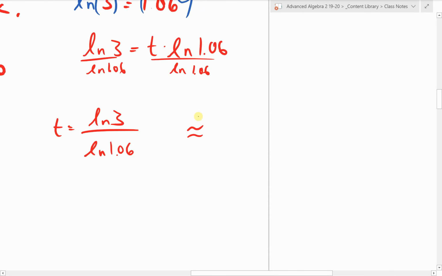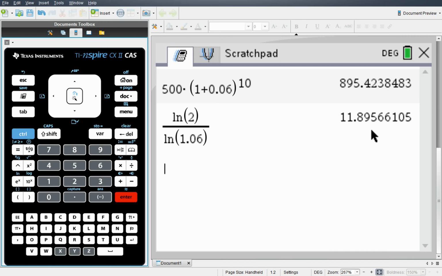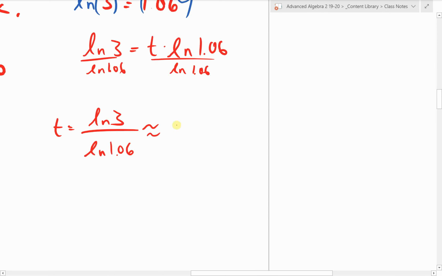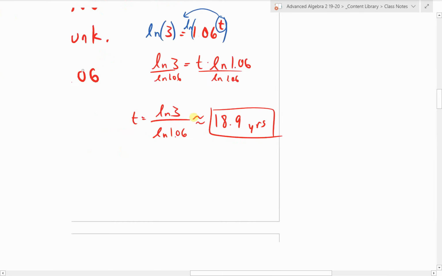And to see what this is as a number that makes a little more sense to our eyes, we'll just go ahead and bring down the previous expression, but change that 2 to a 3, and we see 18.85 or 18.9 years. So it'll take just shy of 19 years for our account to triple.